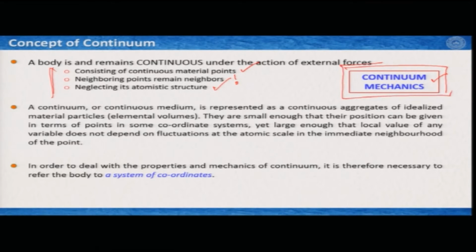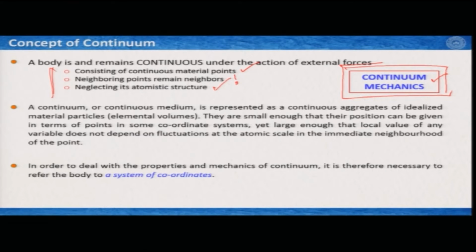So, a continuum or continuous medium, as it is written here, is represented as a continuous aggregate of idealized material particles. That means it must have some sort of elemental volumes. These elemental volumes are small enough that their position can be given in terms of points in a set of coordinate systems, whatever coordinates you consider.